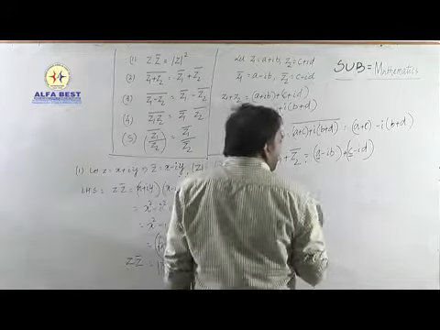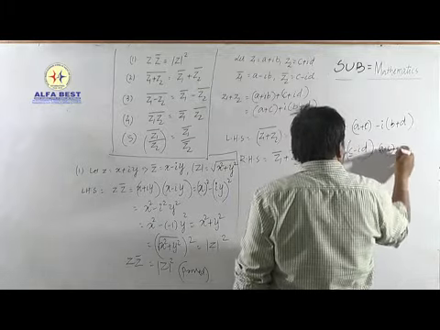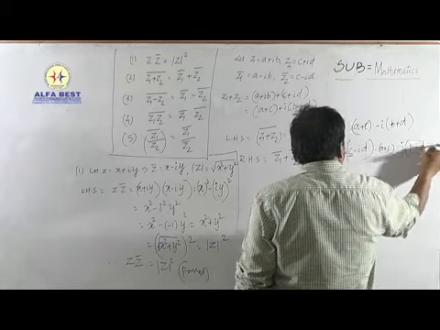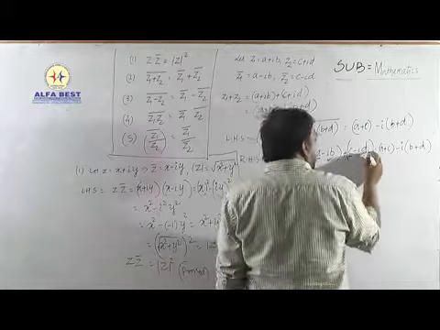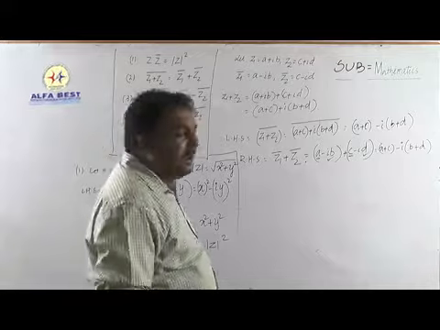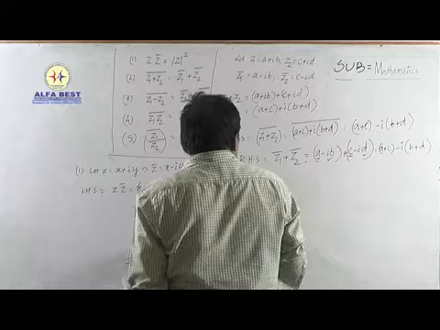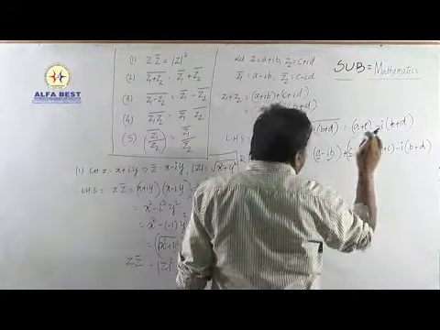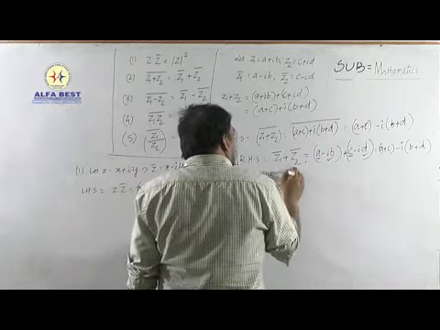So collecting the real parts, this will be A plus C minus, taking I common, this will be B plus D. So IB is an imaginary number, ID is also an imaginary number. So collecting the imaginary numbers, this will be I into B plus D. Now look here, LHS is equal to this and RHS is equal to this. Therefore, LHS is equal to RHS.